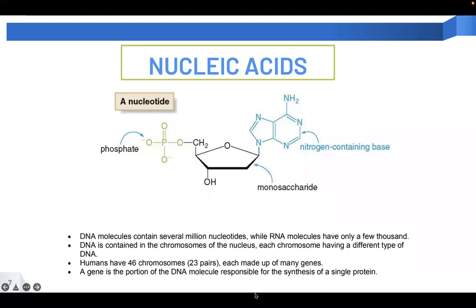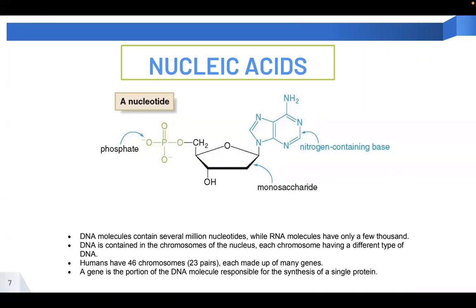So DNA molecules contain several million nucleotides, while RNA molecules have only a few thousand. So pag DNA, mas madami po yung nucleotides natin compared kay RNA, kasi si RNA single-stranded lang siya. Si DNA, double-stranded yan. So mas marami talaga siyang nucleotides.